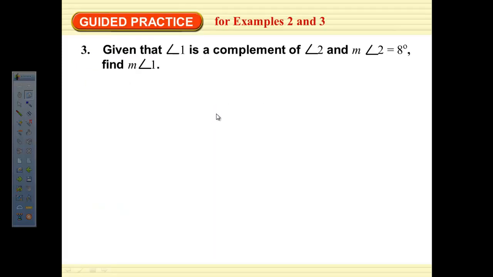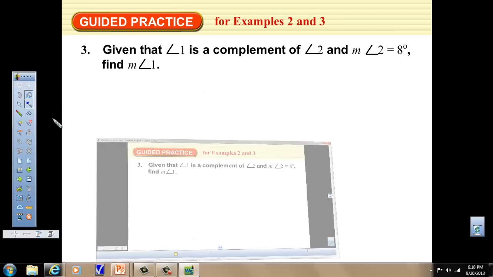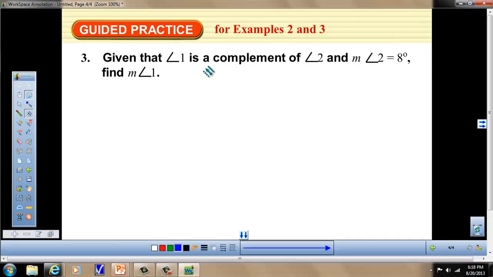Now I'm going to do these examples one more time real quickly, just so that you see what's going on. We know that these are complements, so I'm going to draw a picture. This is going to be a real small angle. So we'll call this angle 1, we'll call this angle 2, and this is 8 degrees.